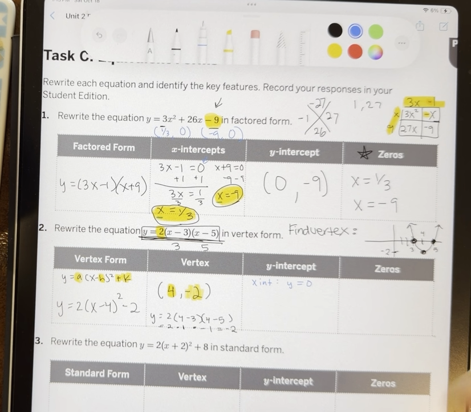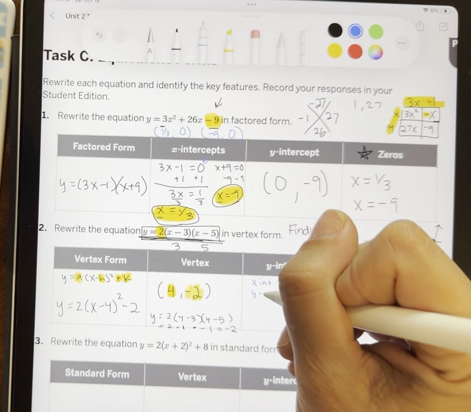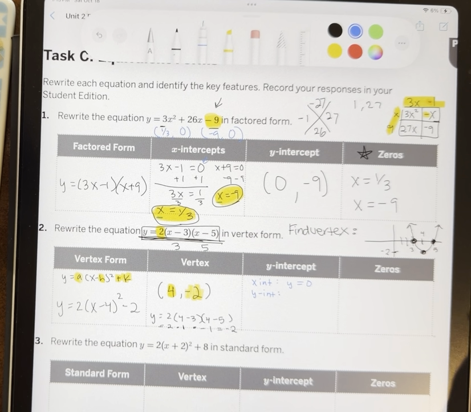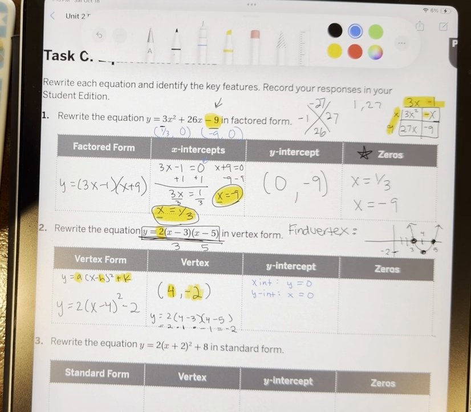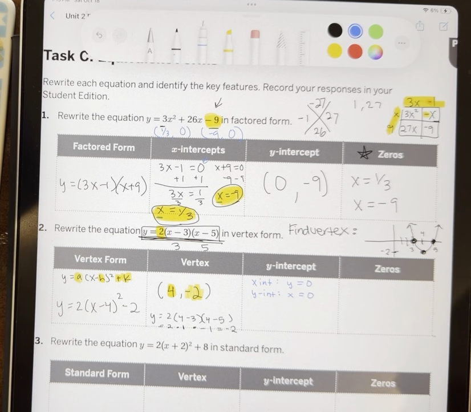Well, what do you think if I'm looking for a y-intercept? Maybe I should plug in 0 for x. Okay, so go to whichever one of these equations you like better, take the x out and put a 0 in, and then using either your calculator or your own arithmetic, solve it, all right?